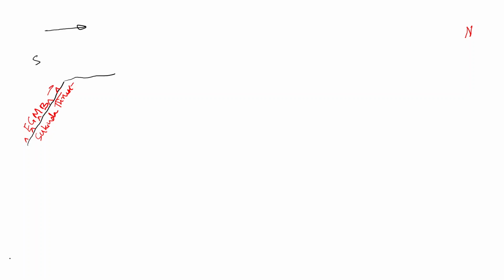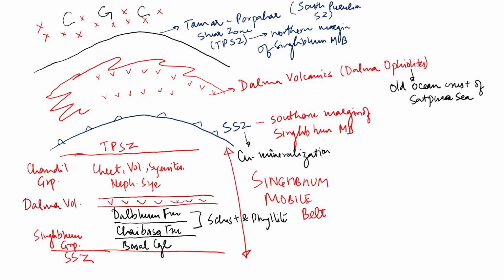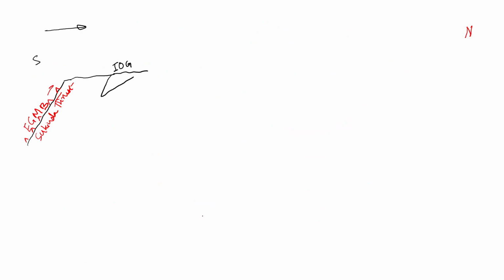All right. So if we go now from south towards north, then there is the iron ore group over here, followed by this portion over here, which is the Singhbhum Craton.